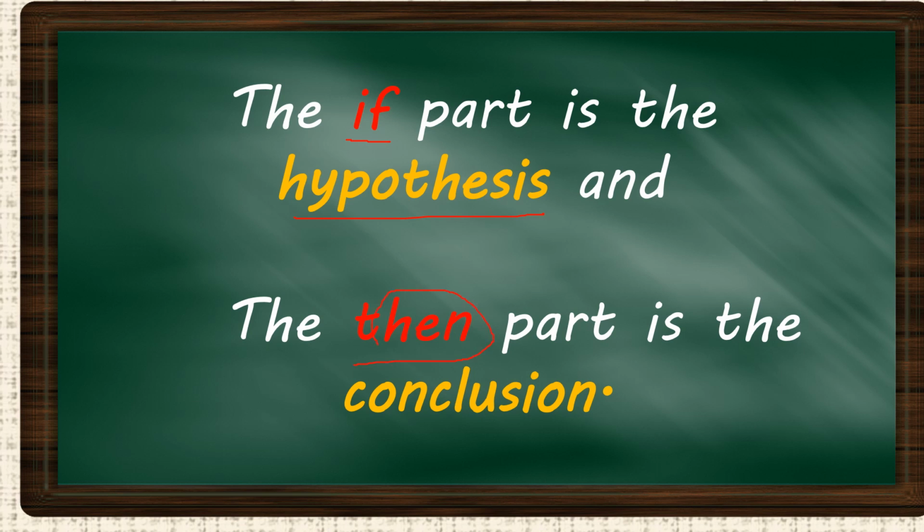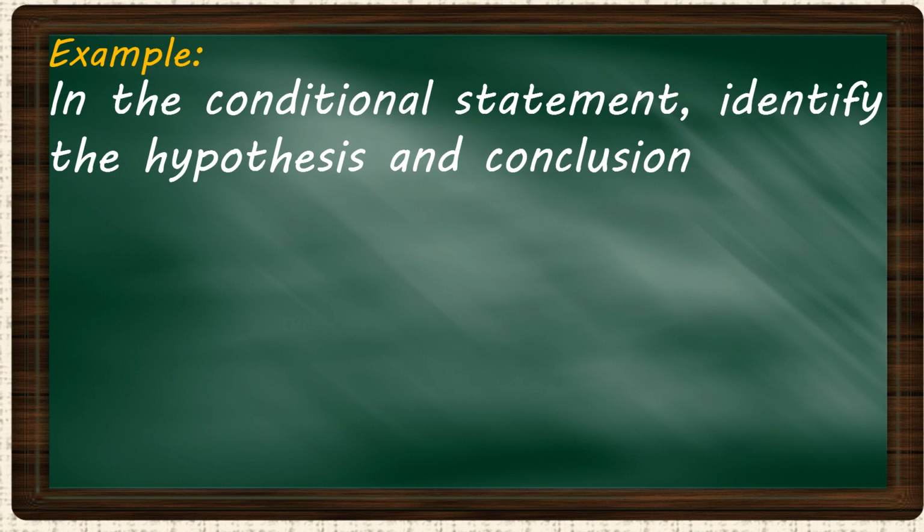Tara, let's have some examples. In the conditional statement, identify the hypothesis and the conclusion. Before we proceed, we have to remember that the hypothesis is our P and our conclusion is our Q. Let's start.